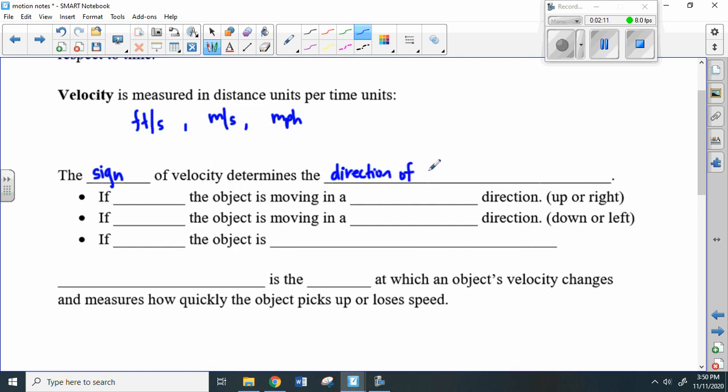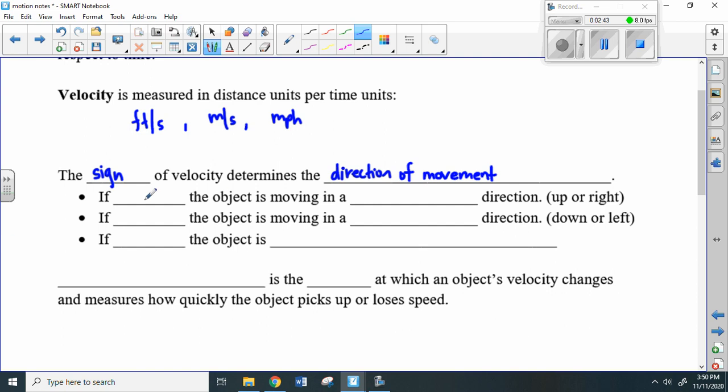Just like the sign of the derivative, when we're talking about graphs like f and f prime, tells you if the original is increasing or decreasing. So when we relate that to velocity, the sign of velocity determines the direction of movement. It tells me if my position is changing to the right and left or up and down and that sort of thing.